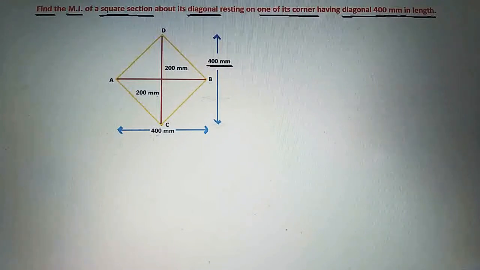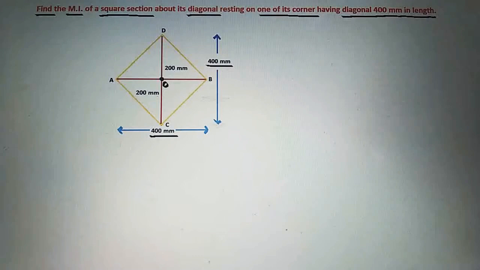So CD is equal to 400 mm and AB is equal to 400 mm, and these two diagonals bisect each other at this point O. As they bisect each other at O, the lengths of AO, BO, CO and DO will be the same. So the length of AO, BO, CO and DO is 200 mm.